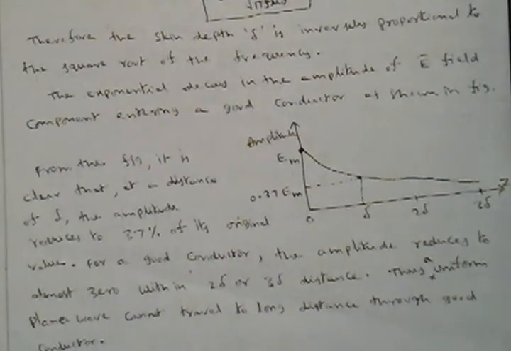Beyond that 37 percent, the amplitude reduces drastically and is not very useful, so we consider only up to 37 percent, which we call the depth of penetration or skin depth. This is about a uniform plane wave propagating through a perfect conductor.